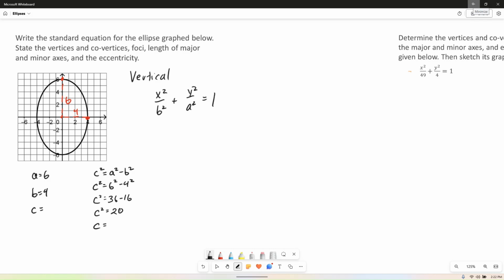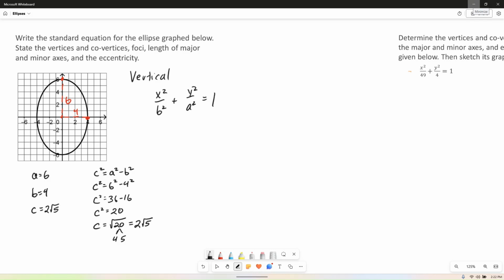And so c is the square root of 20, which we can simplify. 20 is 4 times 5, and the square root of 4 is 2, so c is 2 square root of 5.